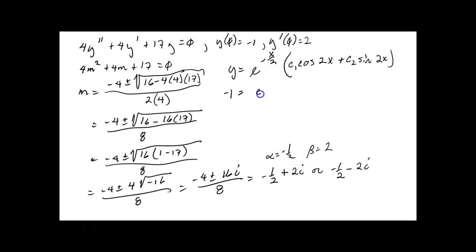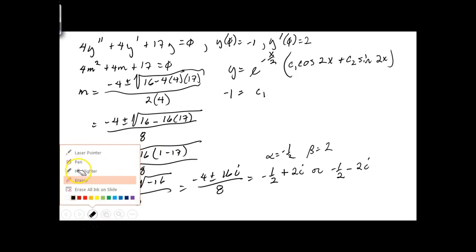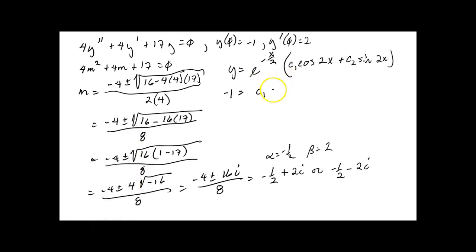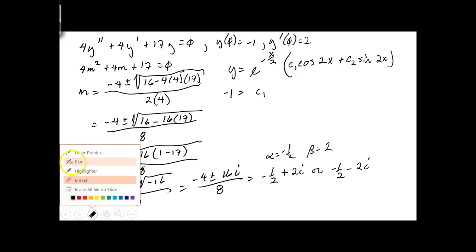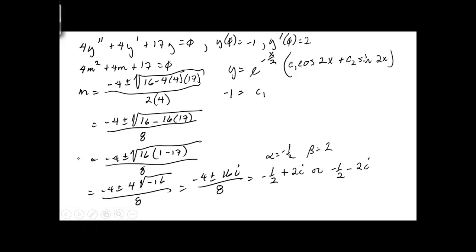And this gives us a C1 cosine of 0. What's cosine of 0? 1. So it gives you C1 plus, what's sine of 0? 0. So your C1 has to be minus 1. C1 is minus 1. Hang on to that thought.